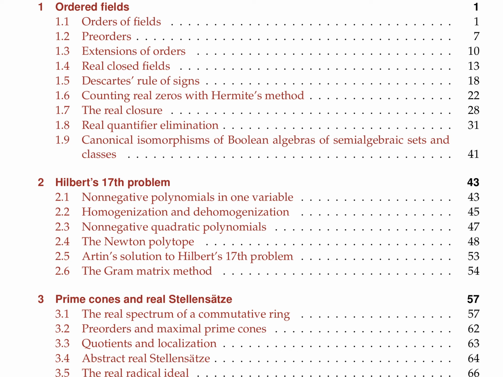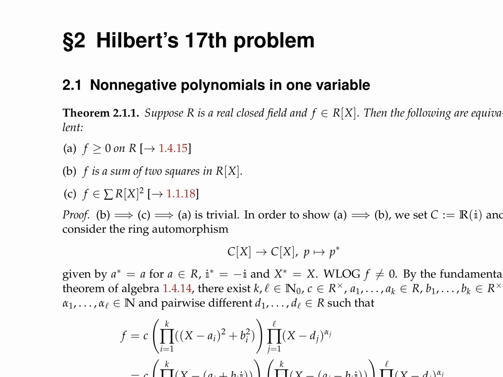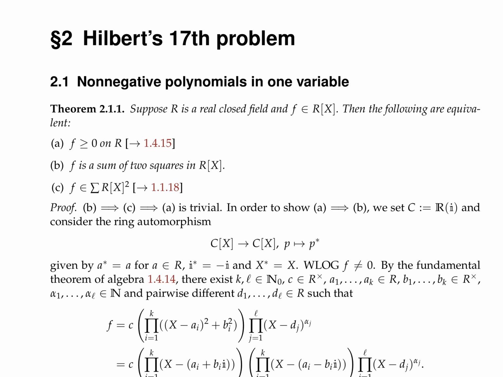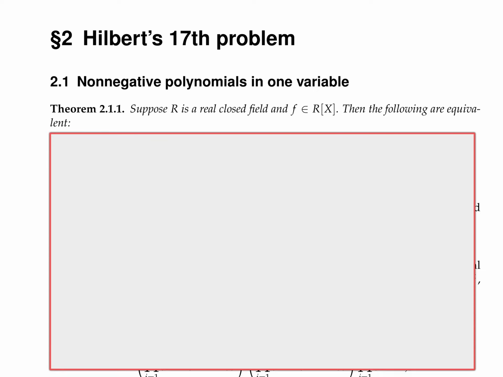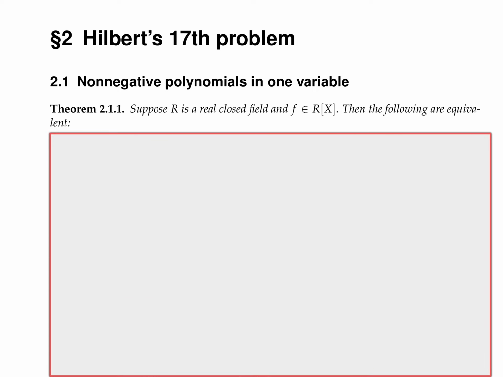Now we go to the first subsection, namely non-negative polynomials in one variable. Suppose R is a real closed field and F is a polynomial.